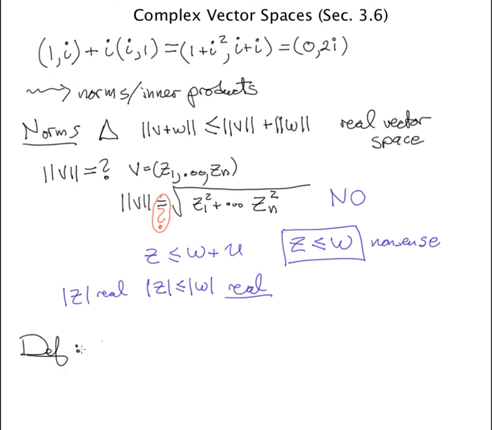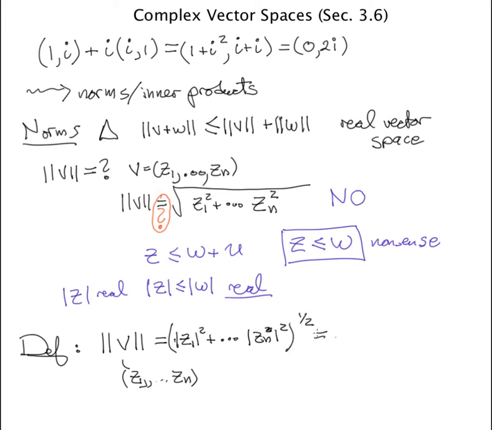The definition is that the norm of a vector v, if it's in Cn, is the square root of the absolute value of z1 squared plus ... plus the absolute value of zn squared.